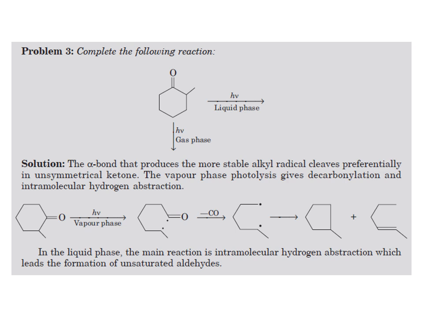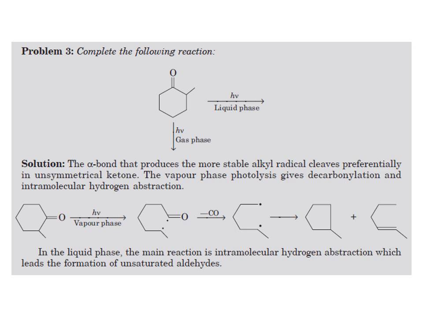So here, if we see, usually this alpha bond will go into cleavage, not this one, because if this alpha bond cleaves, the most stable alkyl radical is produced. So in the vapor phase, this alpha bond cleavage produces this acyl alkyl radical, followed by decarbonylation, the removal of carbon monoxide, producing this biradical.